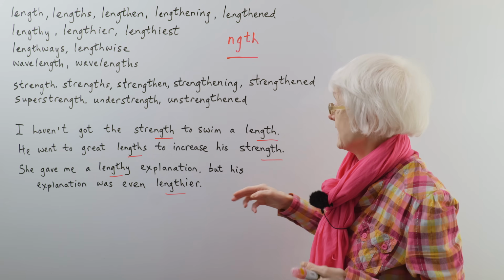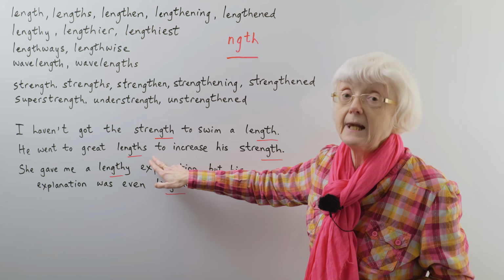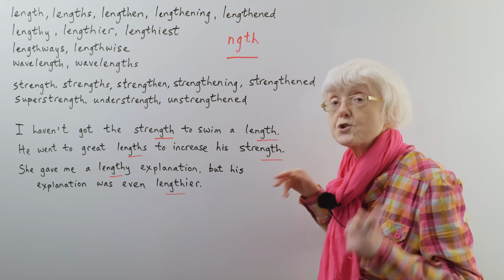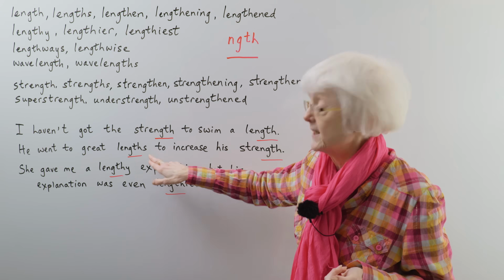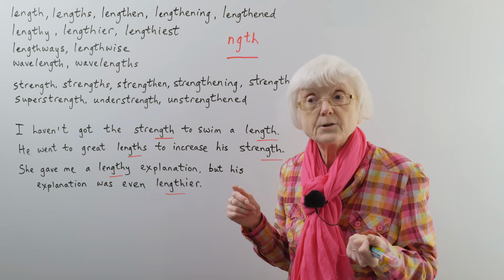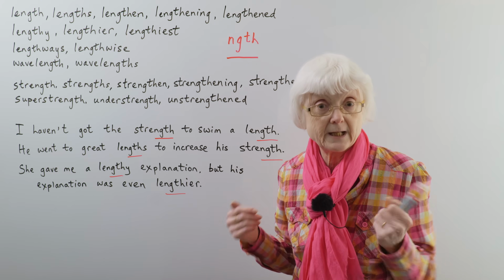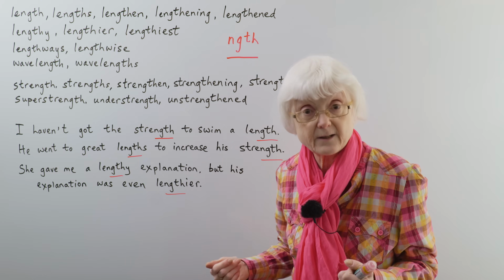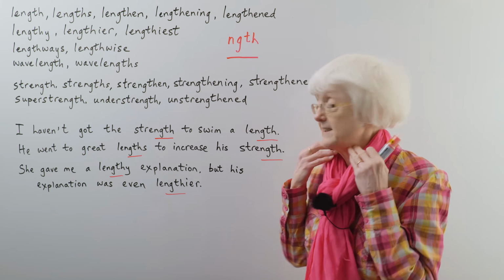Okay. And then, he went to great lengths to increase his strength. So that means to go to great lengths is to do a lot, to try very hard, to try lots of different ways, possibly. He went to great lengths to increase his strength.